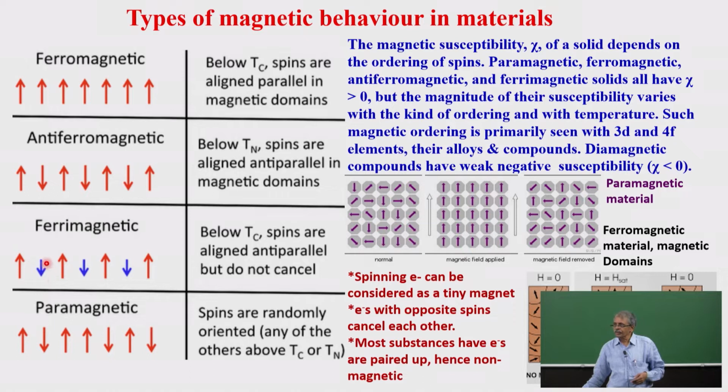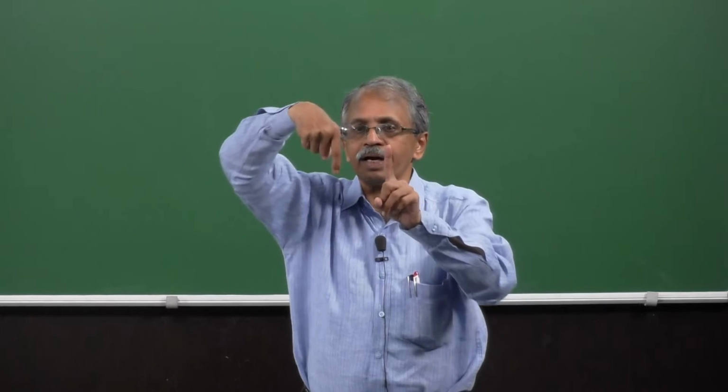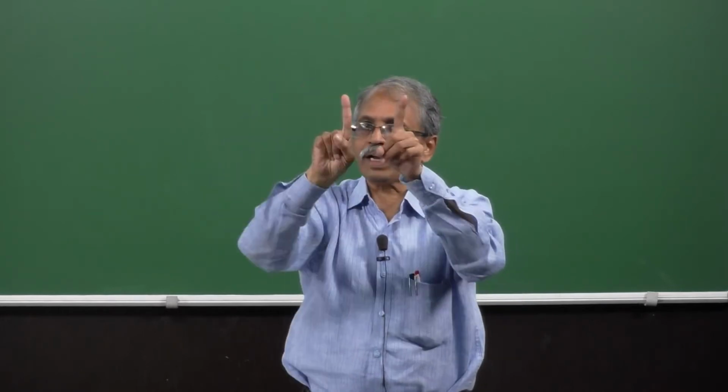Now we go to the other. Suppose this blue vector is the same as the red vector, one is up and one is down, but they are equal. If they are equal and opposite, they will cancel. This can happen in compounds as a function of temperature, for example at Tn, the Néel temperature. Below the Néel temperature, these spins are completely anti-parallelly aligned, not parallelly.